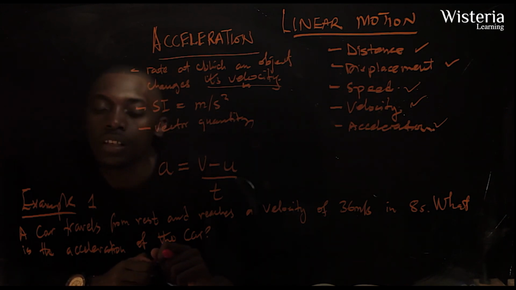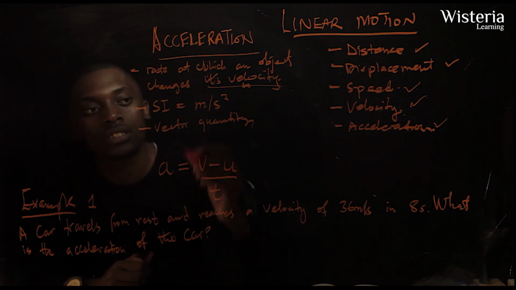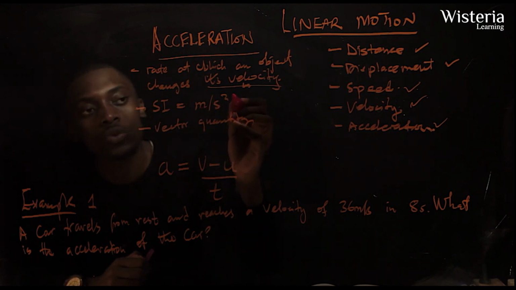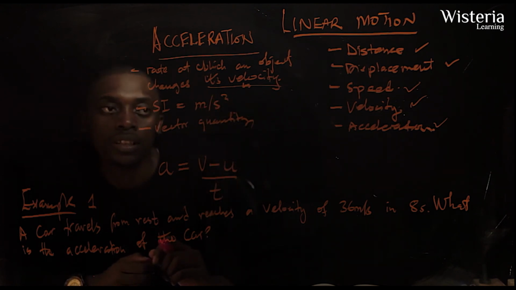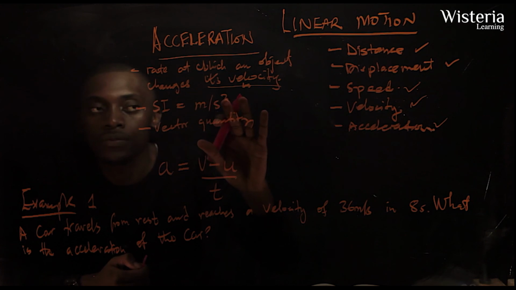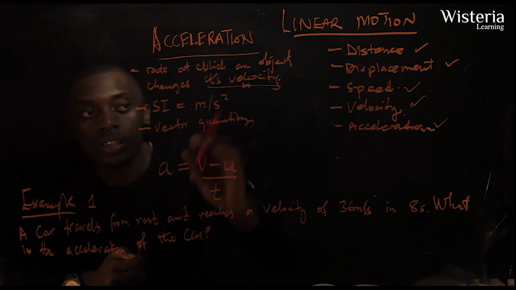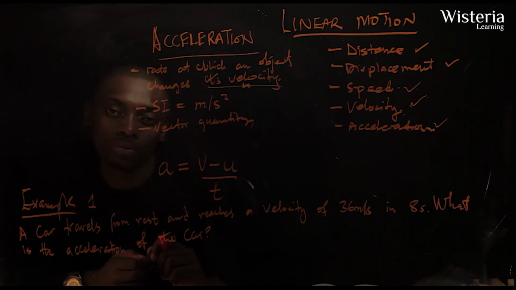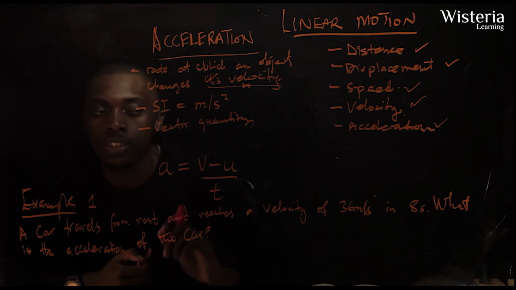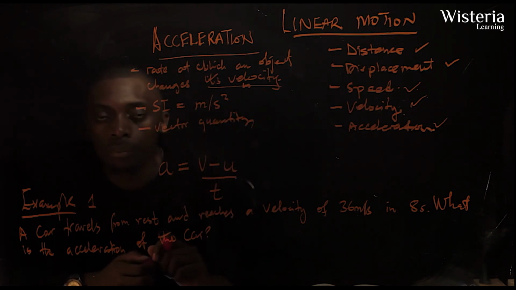The SI unit for acceleration is meter per second squared. Be mindful that if you forget the square on the top, then you are actually talking about something else, which is velocity or speed. So we need to be very mindful as we write these units.